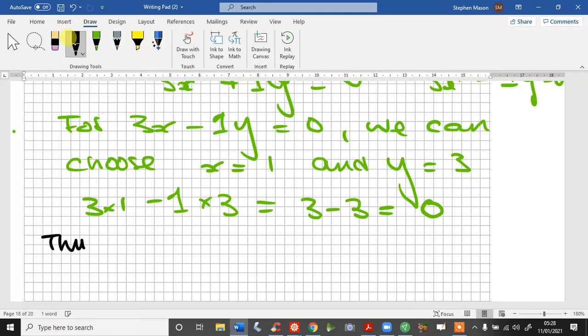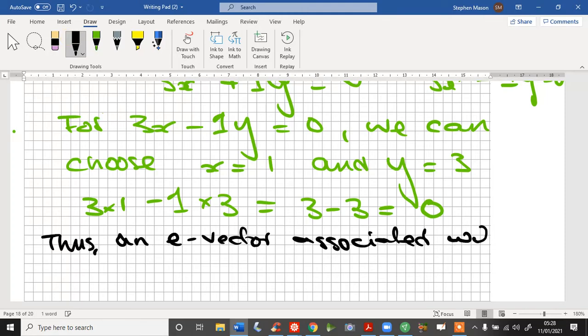Right, so we've got thus an eigenvector associated, so it's like the directional vector, an eigenvector associated with lambda equals 5 is V2, we'll call it, equal to, what did I say?